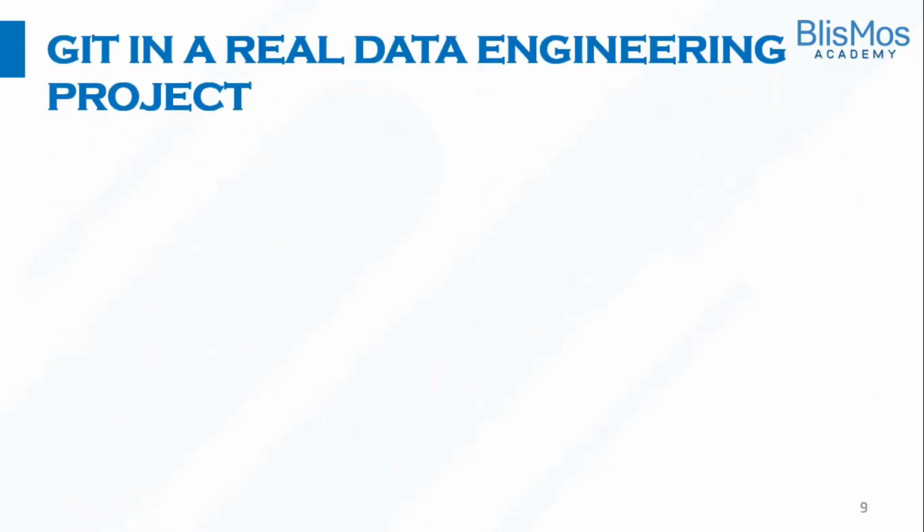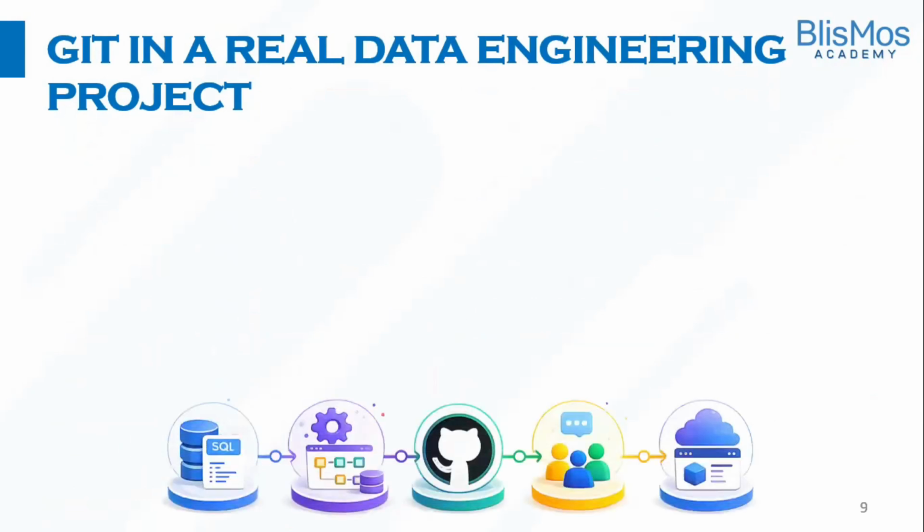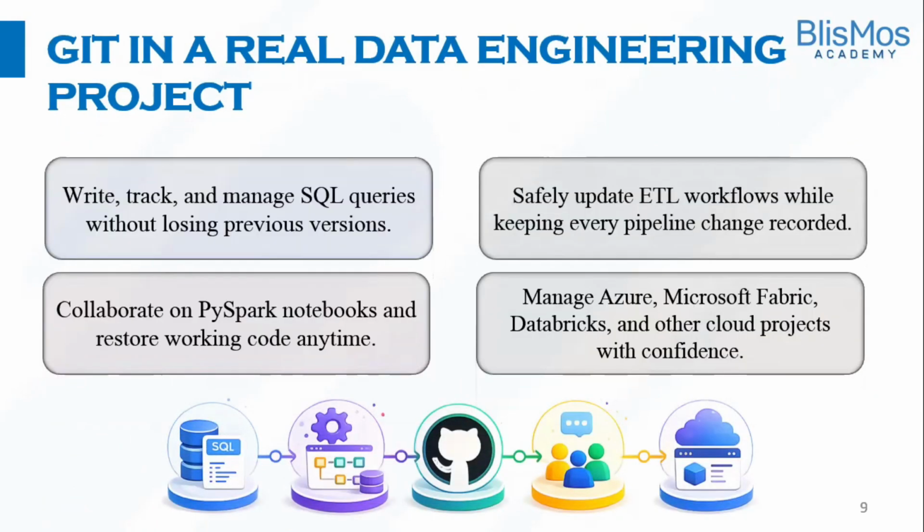So now, how does Git work in a real data engineering project? Let us see how data engineers actually use Git. Suppose we are writing SQL queries. In a real-time data engineering project, you can still write, track, and manage the SQL queries without losing any previous version. Same thing applies to the ETL workflows.